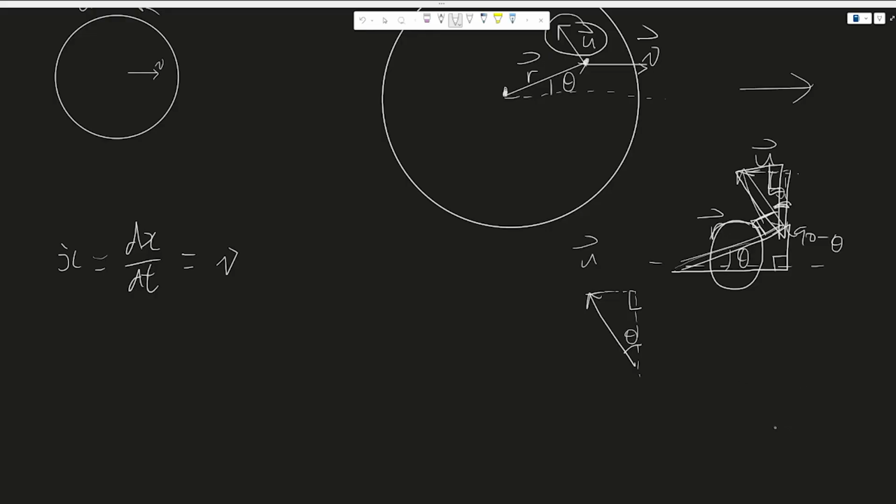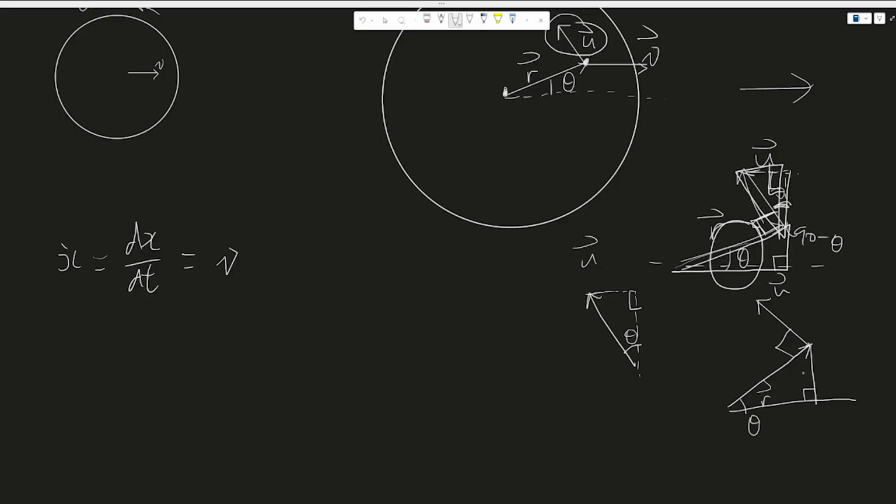Just to be clear, let me draw again. So this is r, this is u. We know that this is always a right angle, and we know that this angle here is theta. Then let's create a triangle here.